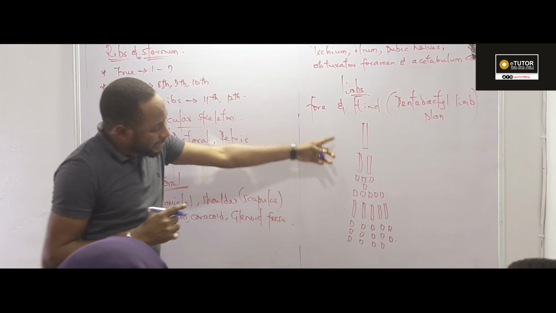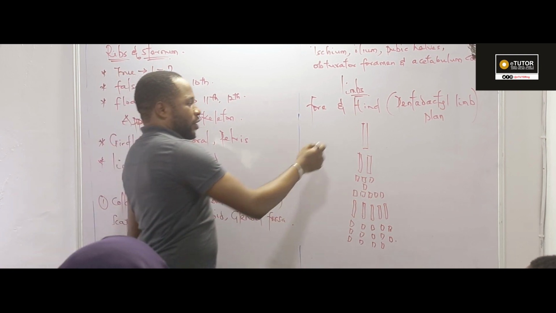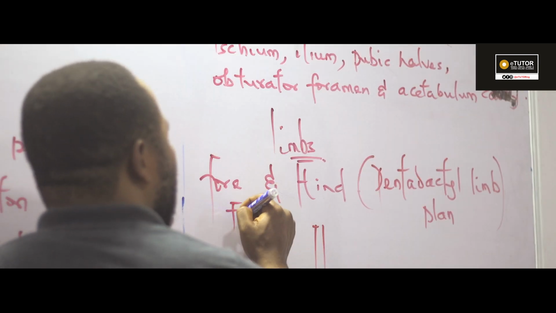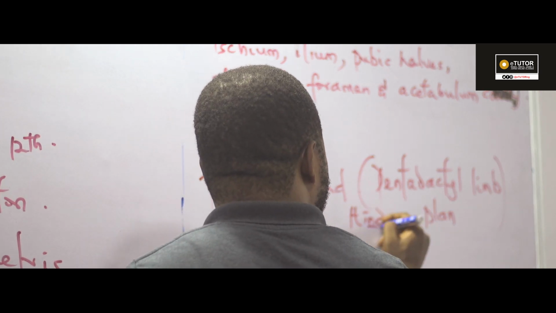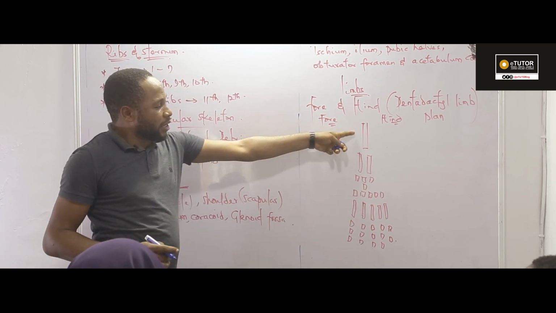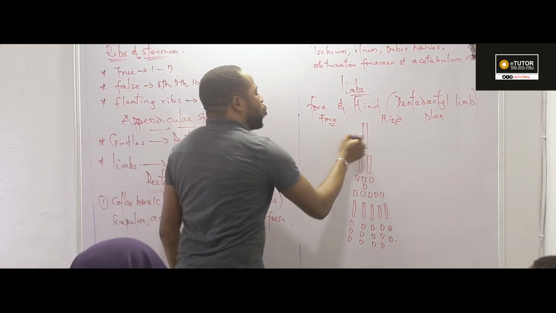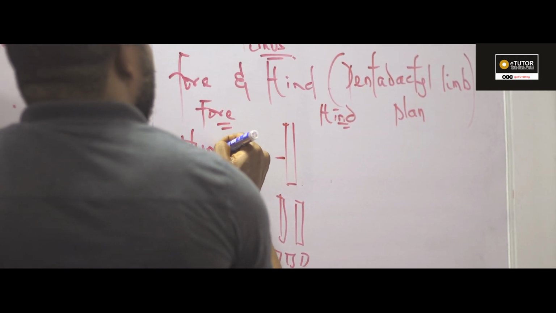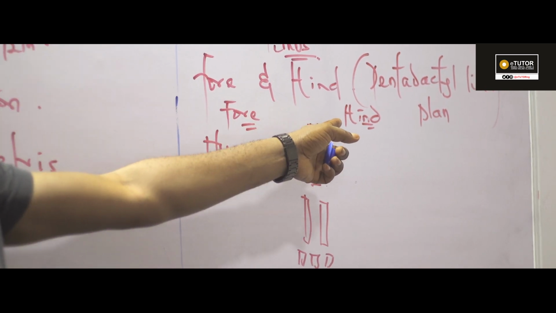Now, this is how the pentadactyl limb plan looks like. We will label the forelimbs here. Then here we have our what? Hind limbs. Now, for our forelimbs, the first bone, the bone of the upper arm, is called humerus, which has 2 extremities.